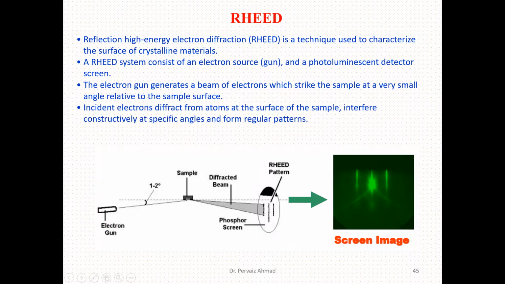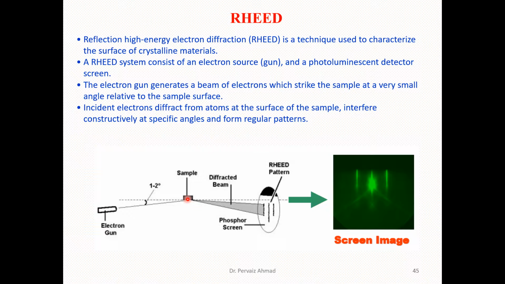So what do we do next? The incident electrons that we generate from the electron gun are diffracted from the atoms. Here you can see that we have the sample, and in this sample we have the atoms. When these electrons are fired on the sample, they are diffracted from the atoms at the surface.